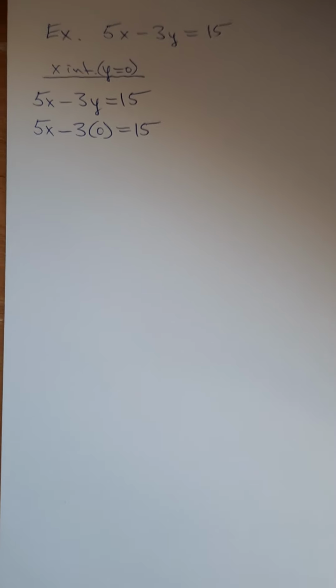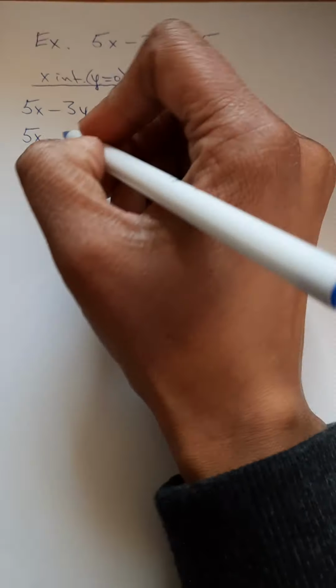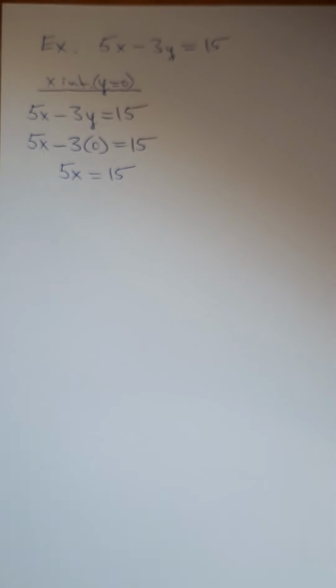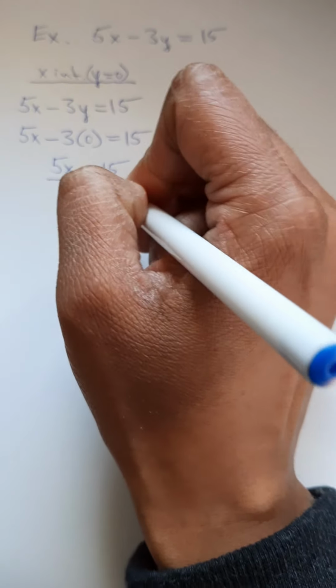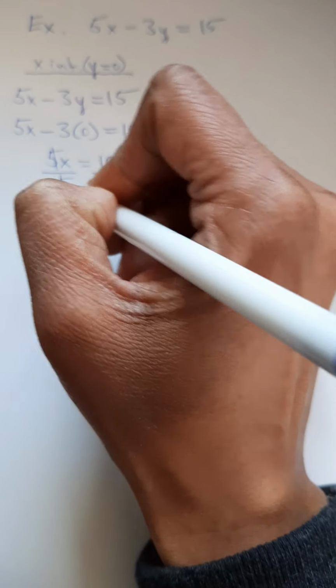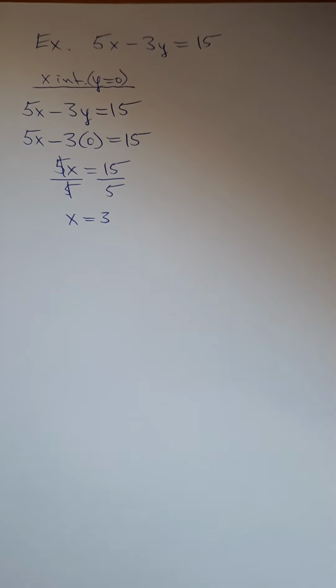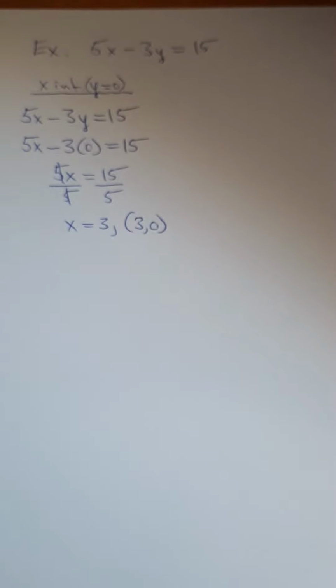Everyone see that? 3 times 0 is just equal to 0, so it's gone. I'm left with 5x equals 15. Then we're going to divide by 5 on both sides, so this 5 cancels out, and I see that x is equal to 3. The point I'm using here is going to be 3 and 0.